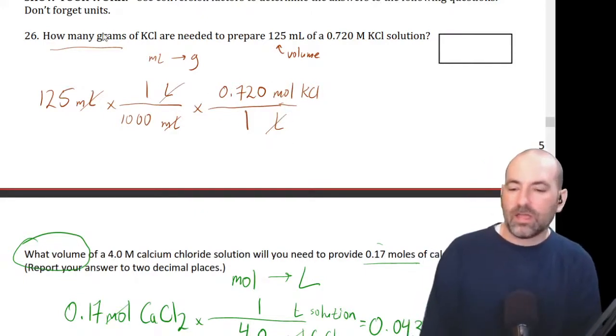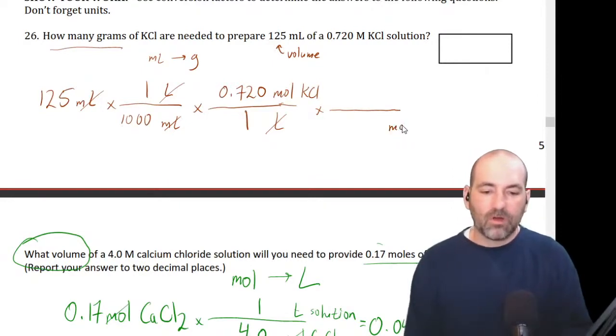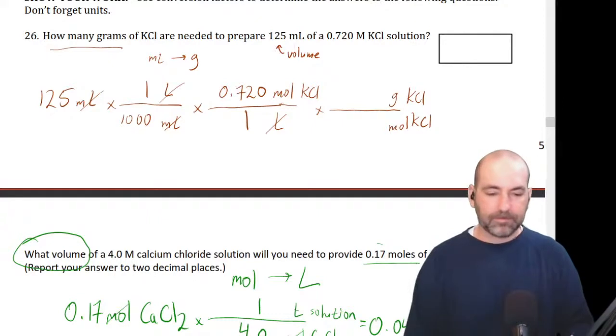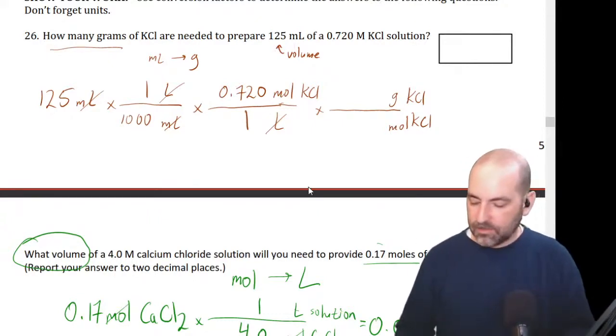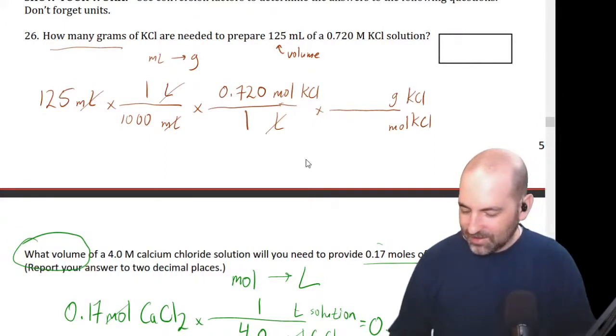But again, we're not asked for moles, we're asked for grams. So we have one more step, where we convert from moles of KCl to grams of KCl, and to do that we use the molar mass. We would add up the masses of K and Cl on the periodic table. I'm going to look that up real quick because I can't see it very well if I bring it up on the screen.